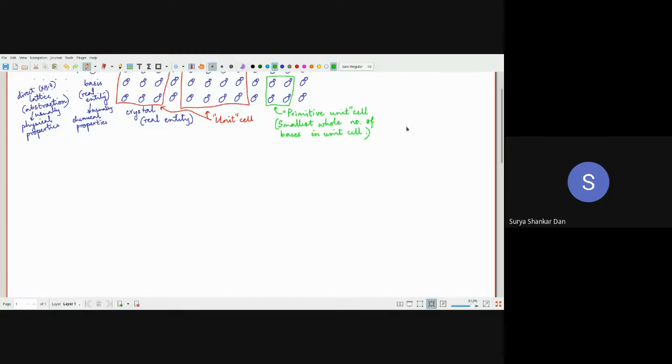So now, what are the different kinds of unit cells? Instead of starting to draw and do it, let's see a video. That way it will be easier for you to visualize. So I'll stop sharing here. And I shall share.